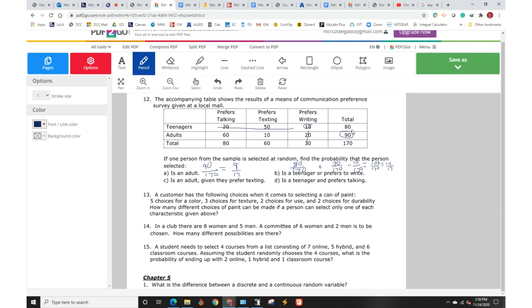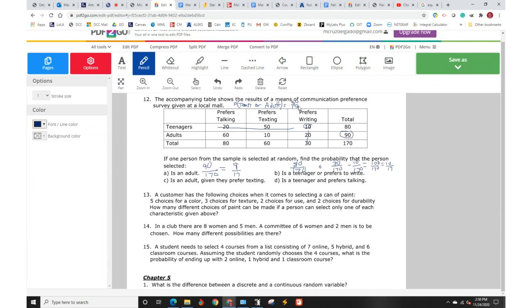Now, just to kind of contrast, if we had said, let's say, teenager or adult, let me just put this, probability of teen or adult. All right. Probability of teen is the same thing, it's 80 over 170.